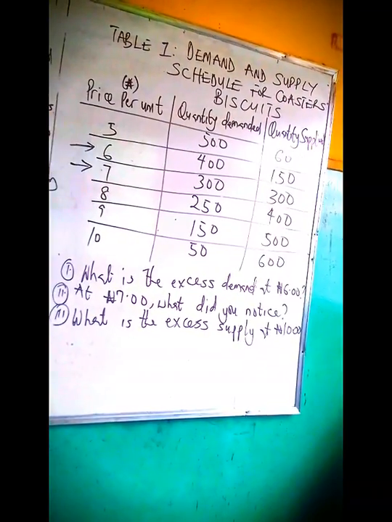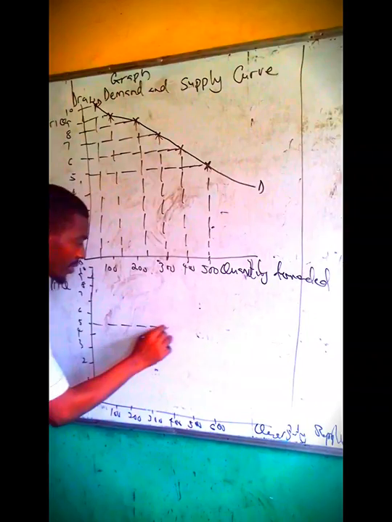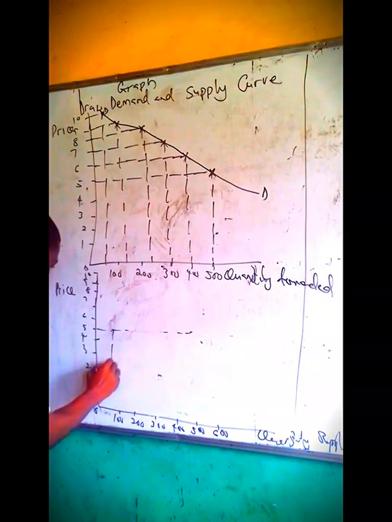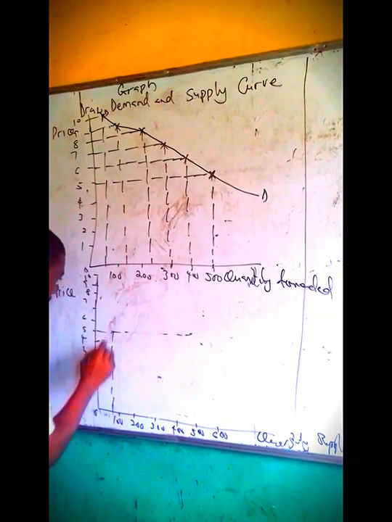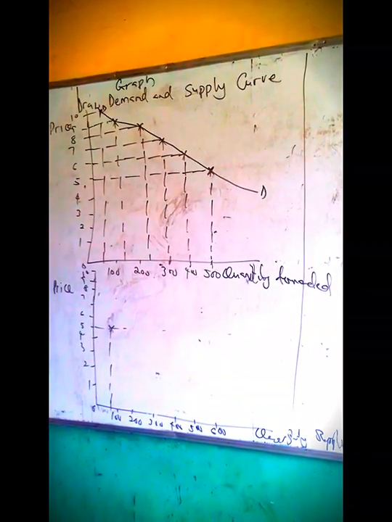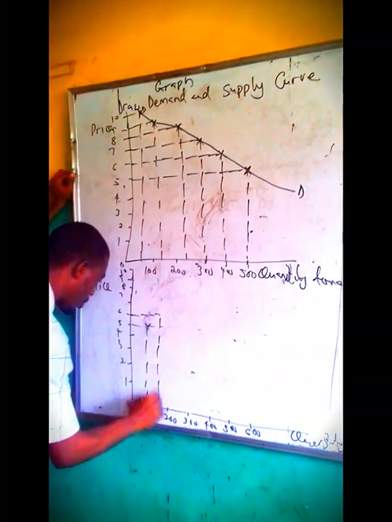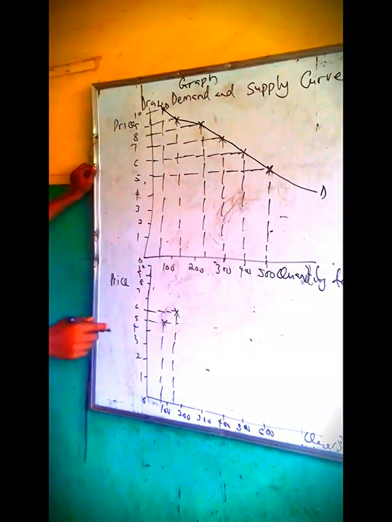Now, at 5 naira, what's the quantity supplied? 60. Now, at 6 naira, the quantity supplied is 150, in between 100 and 200.